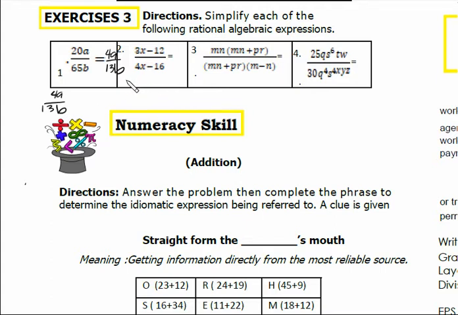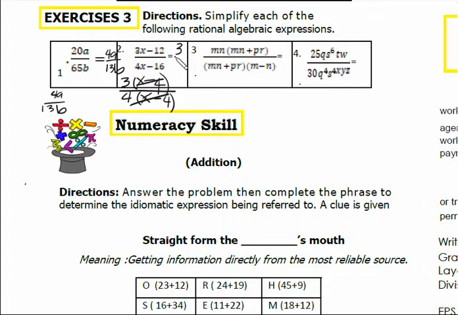For number 2, we can factor out 3 from 3x minus 12. Then what is left is x minus 4. Then all over, you can take out 4, and we have x minus 4. The answer is obvious, 3/4.